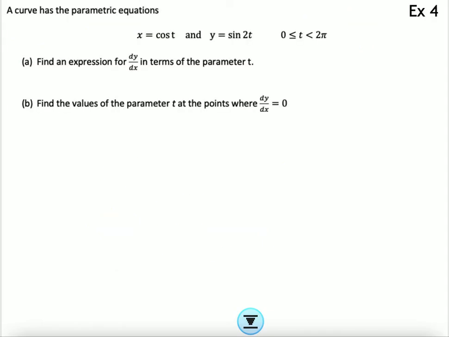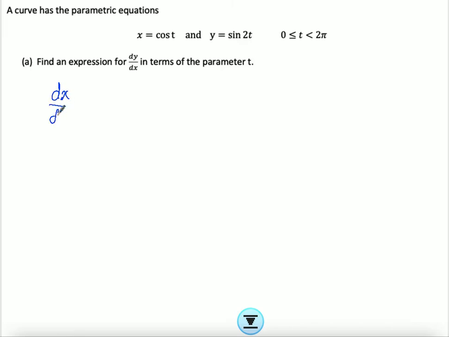Okay, final example here. So this time again, differentiate it and then find the values of t for where it's a turning point, i.e. dy by dx equals 0. Okay, so dx by dt is negative sine t. dy by dt is 2 cos 2t.